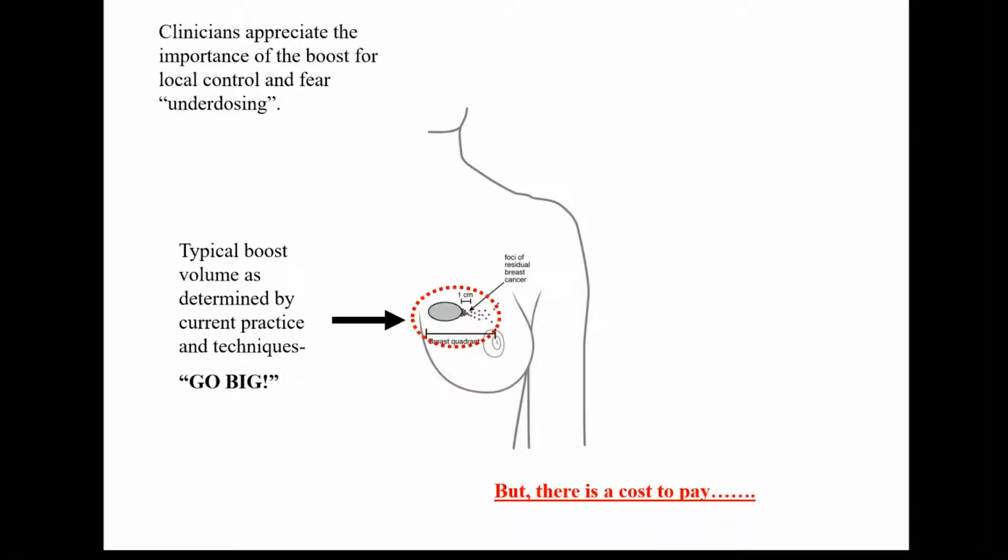And they often err on the side of going big with very large target volumes to ensure that all of this inherent error is taken into account. But there's clearly a cost to pay with this, and we've seen this, based both in experience and in clinical randomized trial data. Next slide.